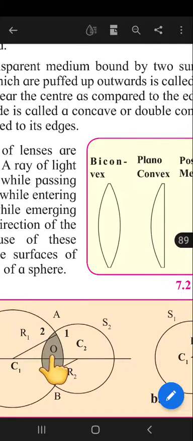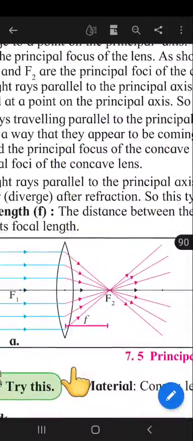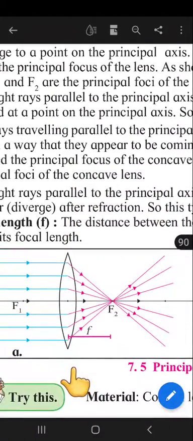Next definition, we will learn which is the converging lens and which is the diverging lens. Next we will learn how light rays pass through the convex lens. These blue lines are the light rays that fall on the convex lens and they converge at a point after passing through the lens.